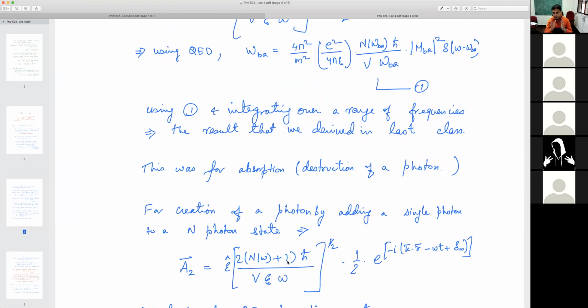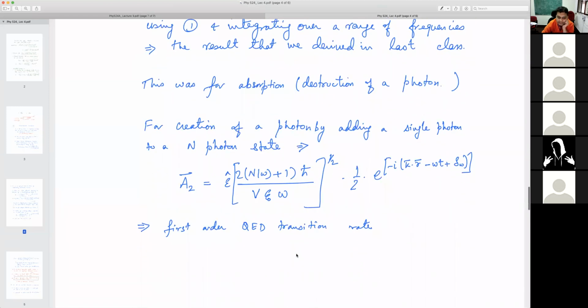It just comes from quantum mechanical effects, which are called vacuum fluctuations. Even the ground state of a harmonic oscillator has this half h bar omega, so in some sense the origin comes from there. So instead of n omega photons, I have n omega plus 1 photons.